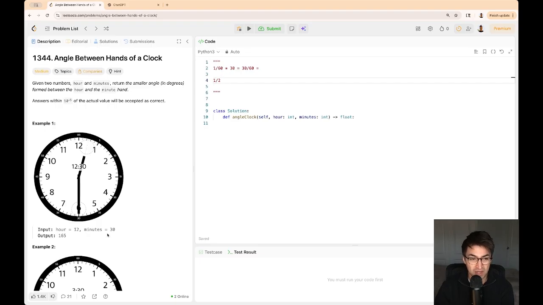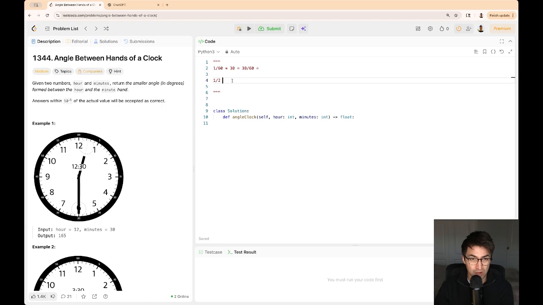Because to get the minute hand, I could say there are 60 minutes and 30 minutes is half of that, and the entire circle has 360 degrees, so half of that would be 180 degrees. So I could say that 30 minutes equals 180 degrees. But at what degree is this?